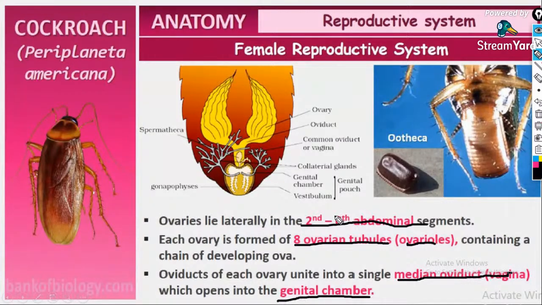Look, this is the genital chamber, or genital pouch or brood pouch, which has the gonapophysis. All these structures are parts of the female reproductive system of the cockroach.